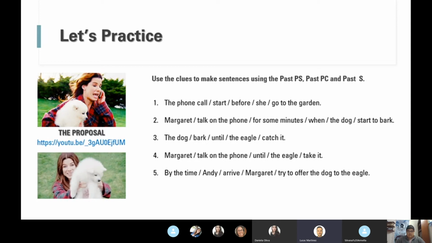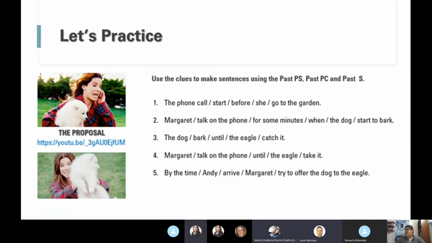The dog had been barking until the eagle caught it, or had caught it. The dog had been barking until the eagle catch it. Catch. How do you write catch?